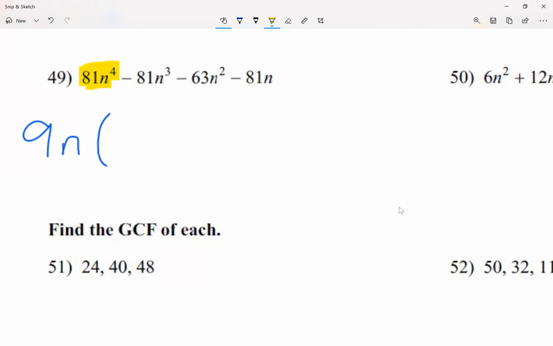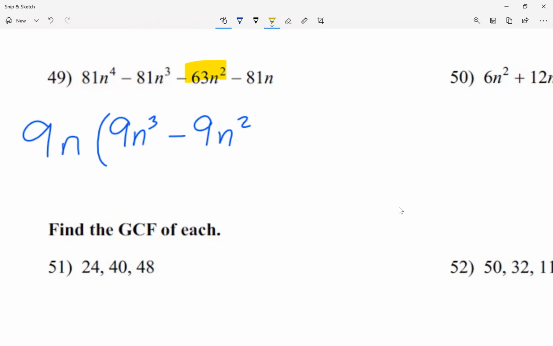Look at the first term. Remember, the number divided by 9, and then subtract 1 from the exponent. So I should get 9 n to the 3rd. Remember, 81 divided by 9 is 9. Subtract 1 from the exponent, so that's good. My next term, so negative 81 divided by 9, I get a negative 9 n to the 2nd.